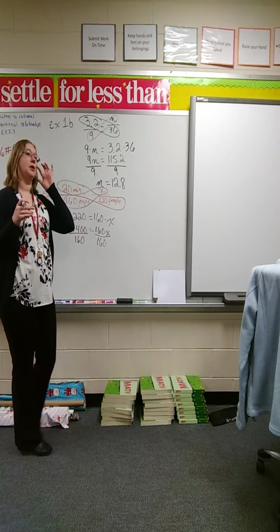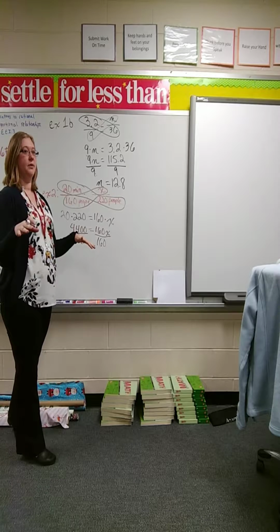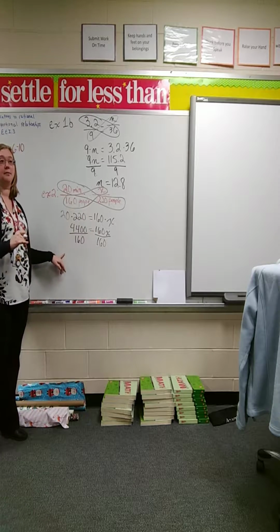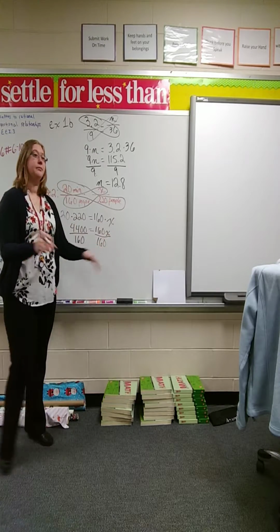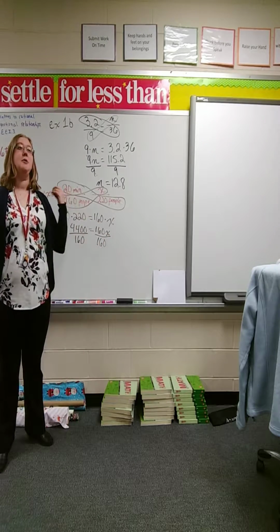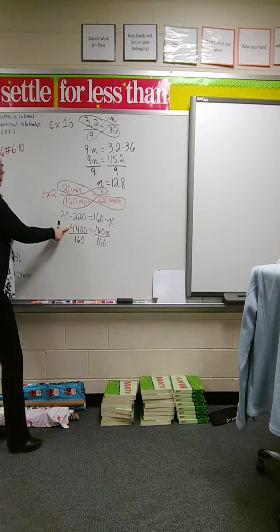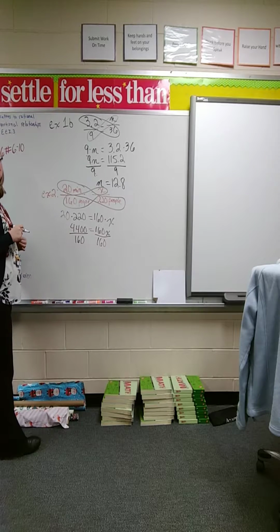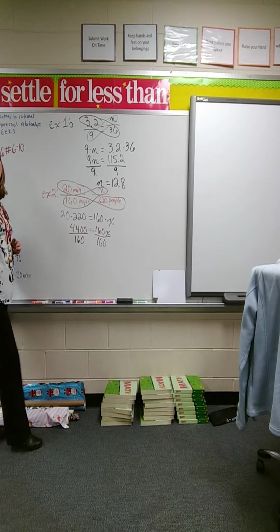Our equal sign works like a balance. What we do to one side, we have to do to the other. And while, yes, we understand conceptually that we're just dividing here, and that we're going to be left with x, if you don't show it, it doesn't matter. You have to show it. Okay? All right. 4,400 divided by 160 is... Do you have it?